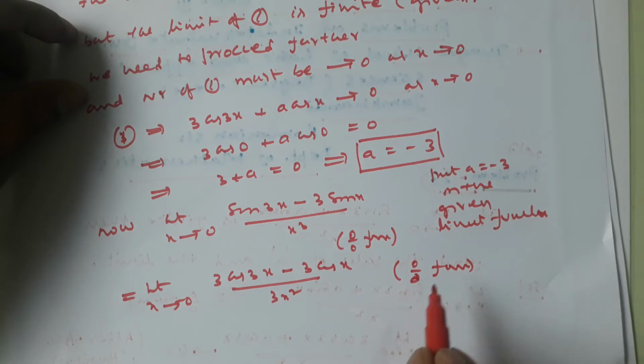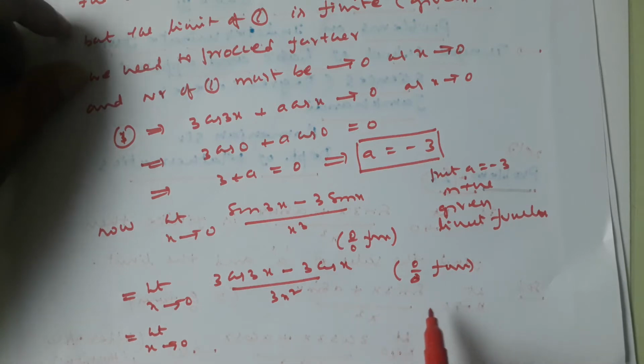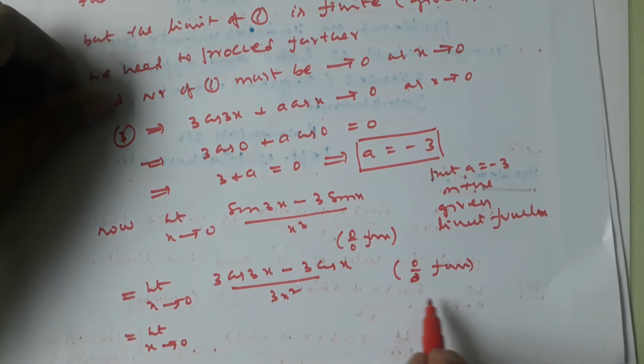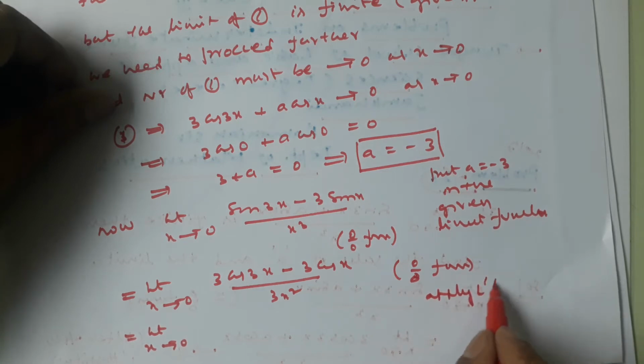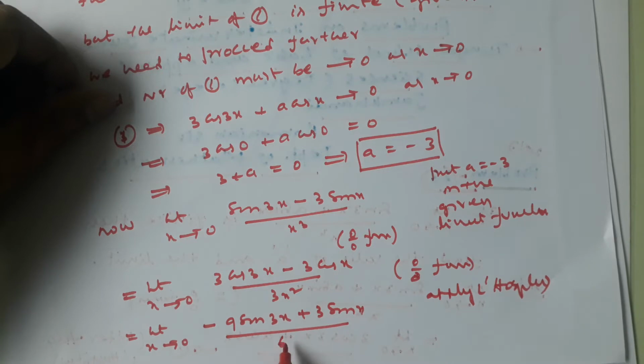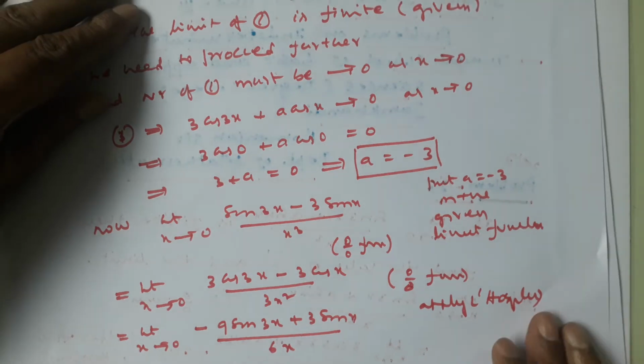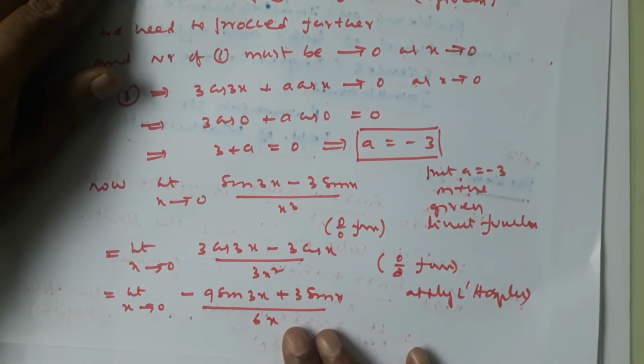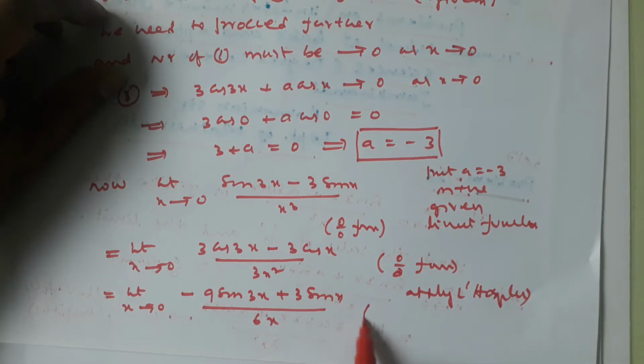No need of writing always that we apply L'Hospital. Apply L'Hospital: it is (minus 9 sin 3x plus 3 sin x) divided by 6x. Again it is 0 by 0 form, so apply L'Hospital.